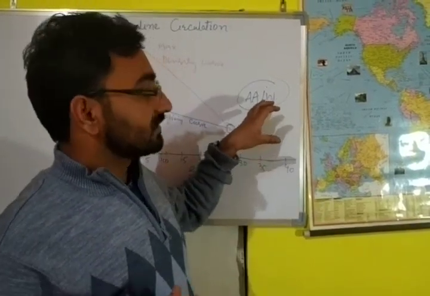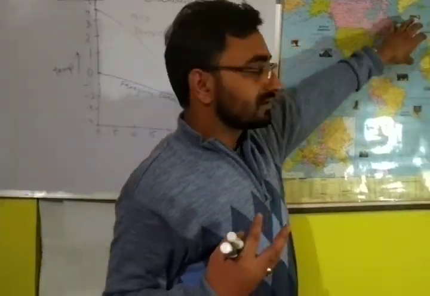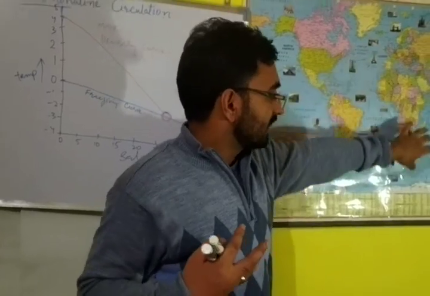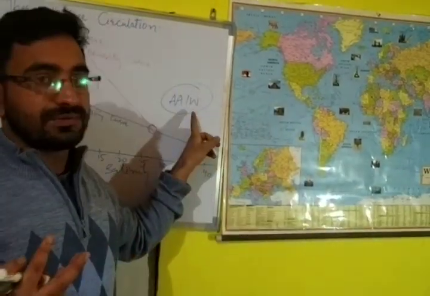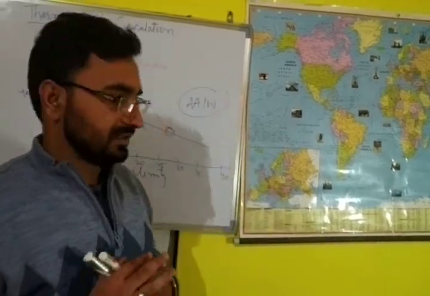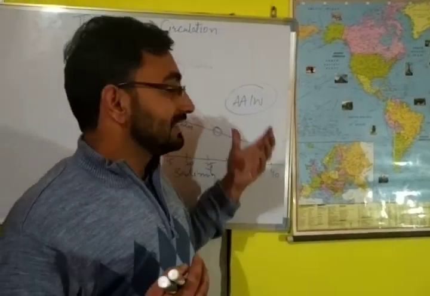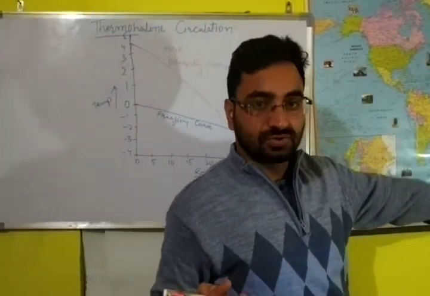This water is somewhat different. This water mass is somewhat different from North Atlantic deep water and Antarctic deep water. How is it different? The density is not that high in comparison to these two water masses.